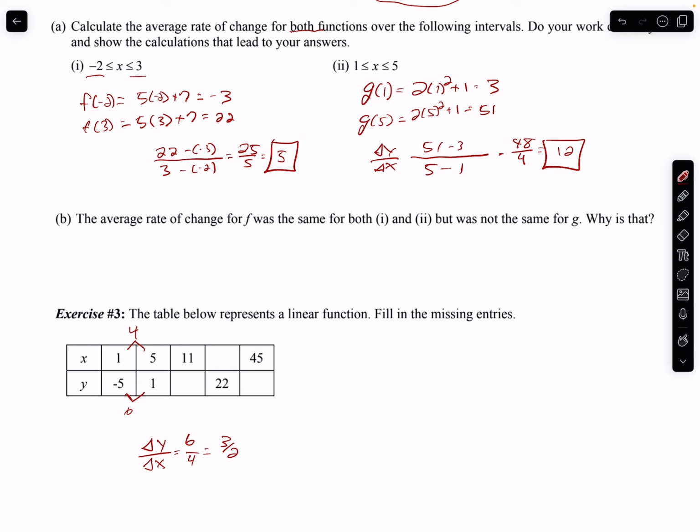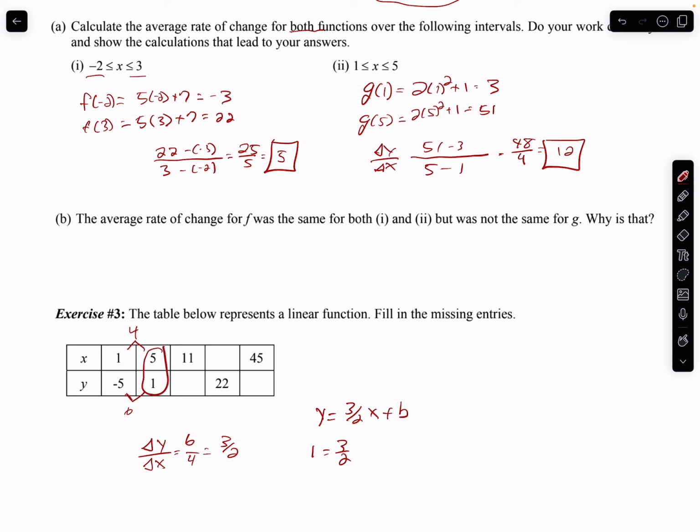So now, if we're trying to figure out how exactly I'm going to get to this table here, what you're going to do is figure out the equation of this line. Could we find an equation of this line? All right, so I've got y equals 3/2 x plus b. I know the rate of change is 3/2, and let's pick a point to plug in. If y is 1, we're going to use this point right here.